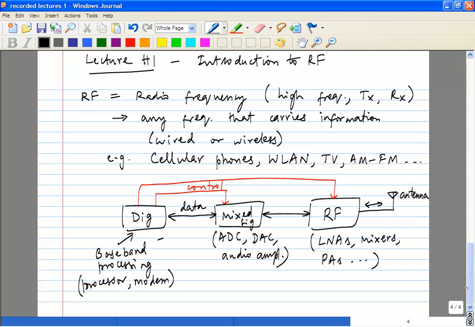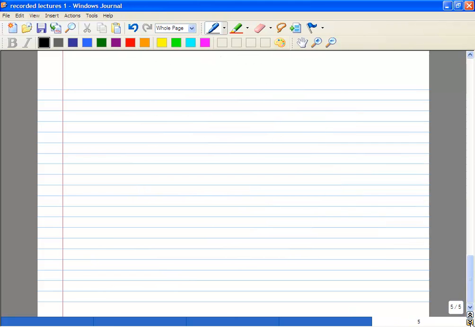So there are lots of components. So what we study in this course, we'll study transmitter architectures, transceiver architectures, and we'll study the circuits.